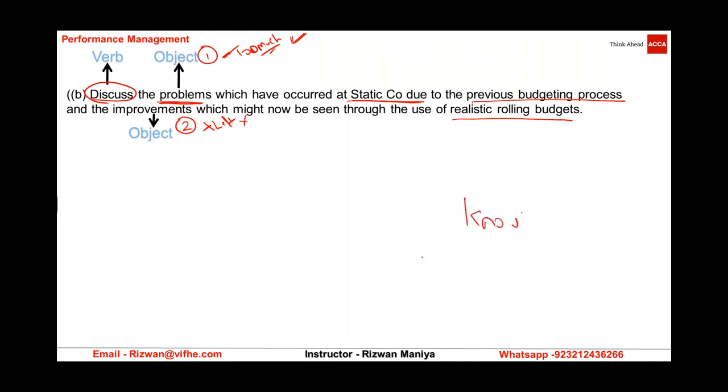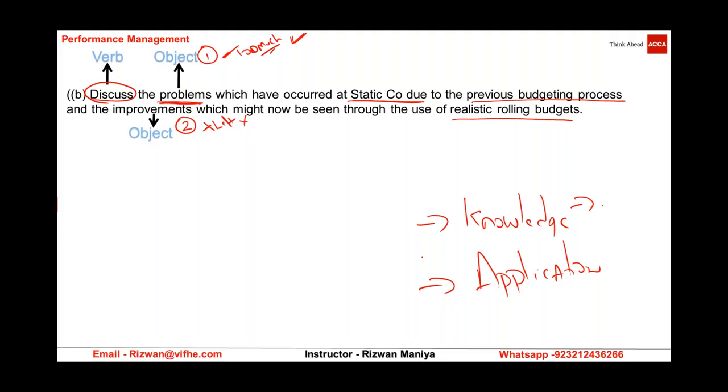So what is knowledge based and what is application based? Knowledge based means you do not have to link with the scenario. It's simple knowledge that you have to mention. You don't have to apply that knowledge. So knowledge based questions are ones in which you just have to tell the basic knowledge.